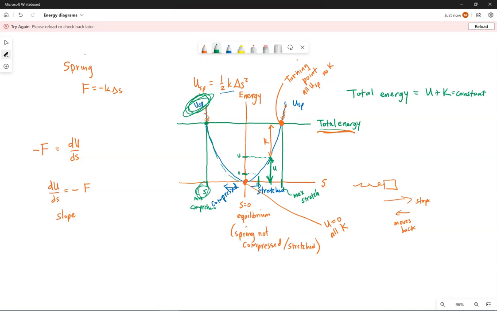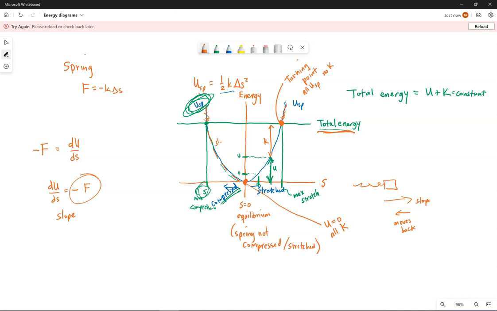So when we're on this left side representing compression, the slope of the tangent line is positive and it's getting smaller and smaller, meaning the force is a smaller magnitude as S gets to 0, as we get closer to the equilibrium state. But the slope represents the opposite of the force.